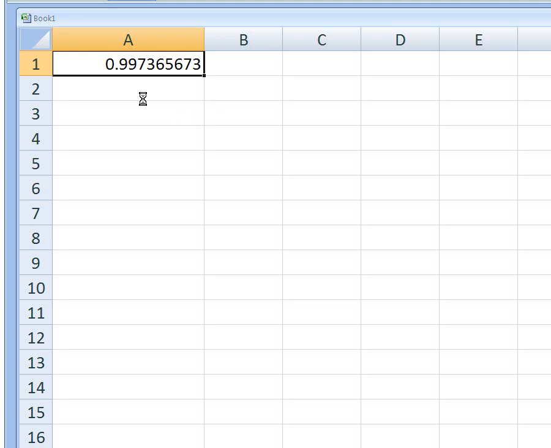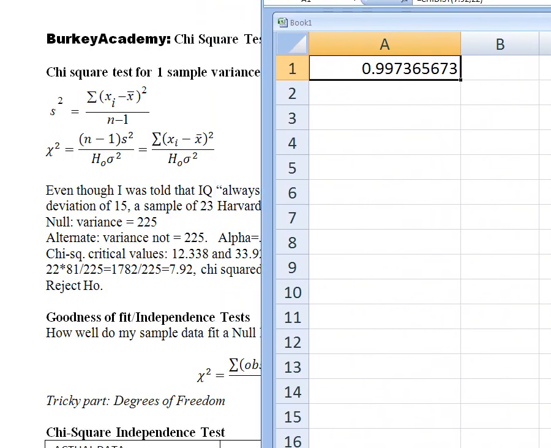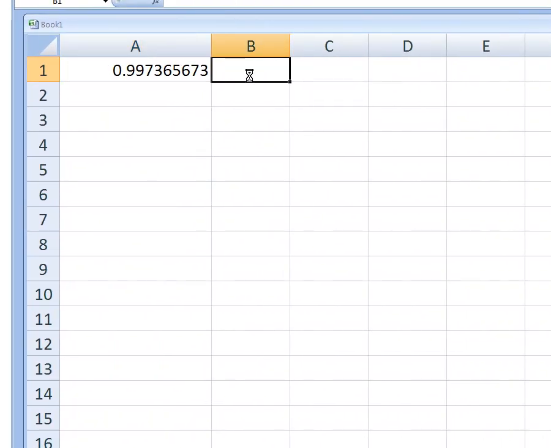If you have a picture of this distribution in your mind, that this 7.92 is very far on the left, then you immediately will be able to tell what Excel's giving us here. It's giving us that 0.997 is the probability of being to the right of 7.92.